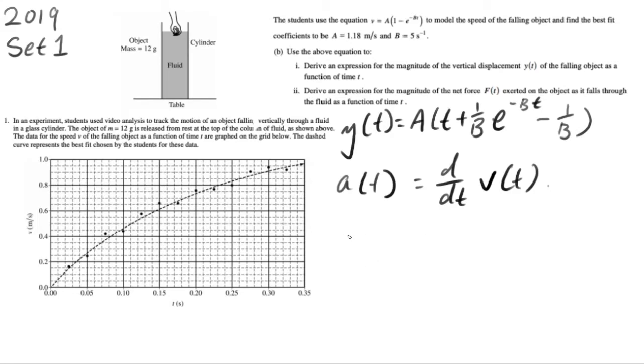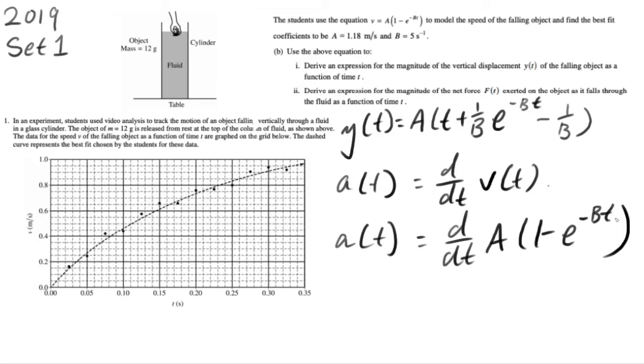So a(t) equals d/dt of a(1 minus e to the negative bt). Based on calculus, you can take the a out. It becomes the derivative of (1 minus e to the negative bt), which becomes negative b e to the negative bt. So the double negative cancels out and becomes a times b times e to the negative bt.